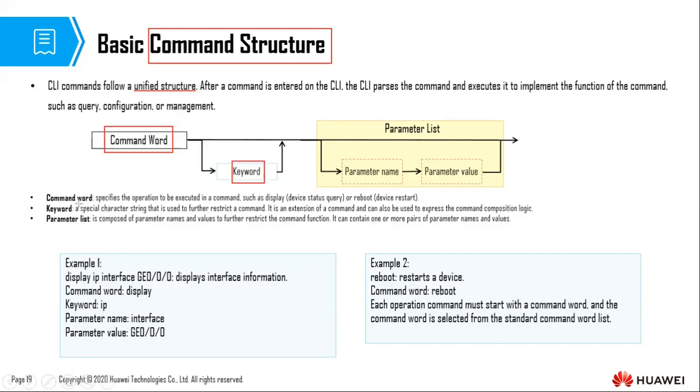A keyword is a special character string that is used to further restrict that particular command, where the command word specifies the operation that you want to execute, for example, display or reboot. After the keyword, you have the parameter list. The parameter list must have a parameter name and a parameter value.